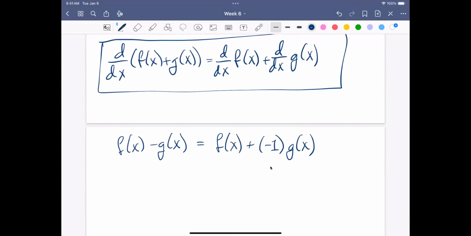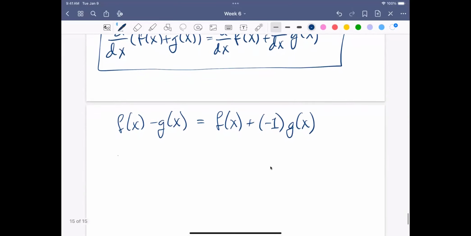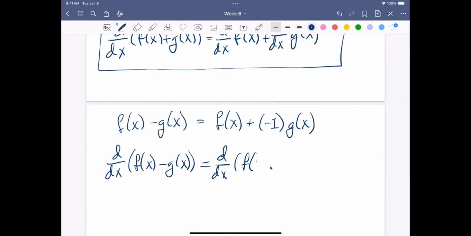Use the sum plus my constant multiple, and so we can actually get that for differences, we have sort of a similar thing going on. If I have f of x minus g of x and I'm taking the derivative of it, then I have d dx of f minus d dx of g. Okay, so differences also work.